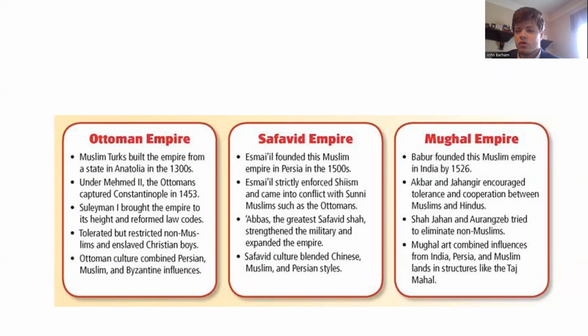Islam, at least for a large portion of their history, the Mughal Empire is a little different, but at least for a large portion of their history, Islam was the primary religion of these areas. And still today, of course, Islam is present in all of these areas. India, of course, still has a large number of Hindus, but there are a decent amount of Muslims, and certainly in Pakistan, but even in India.